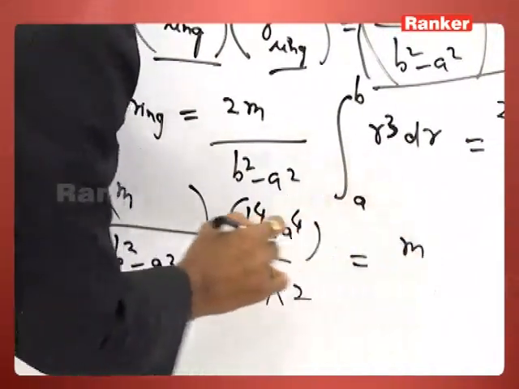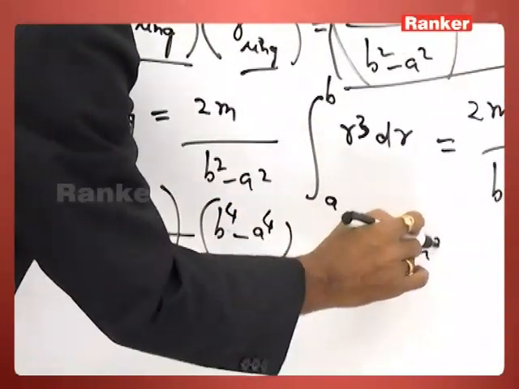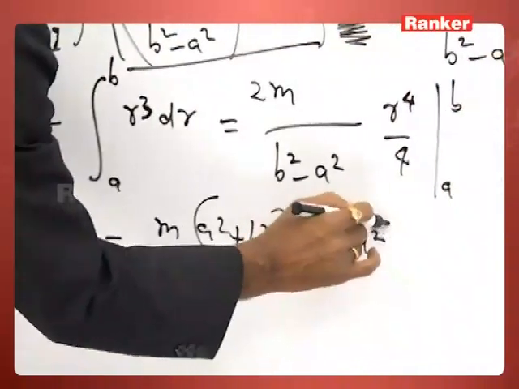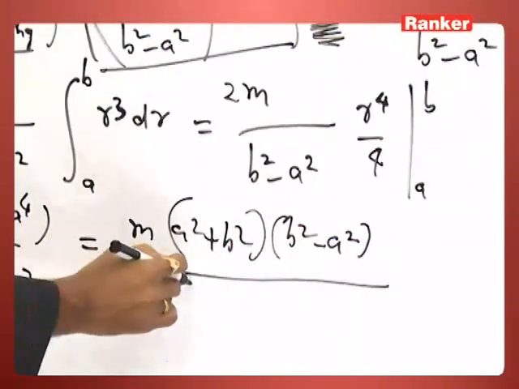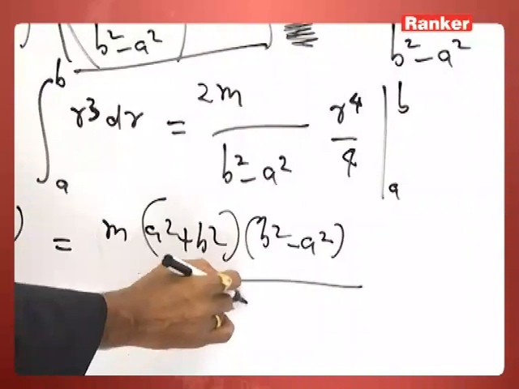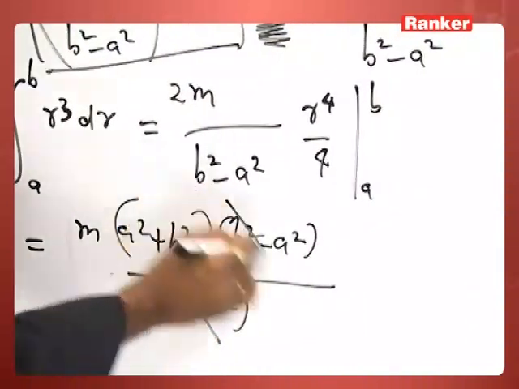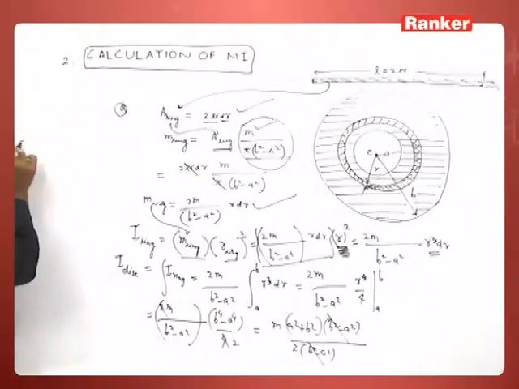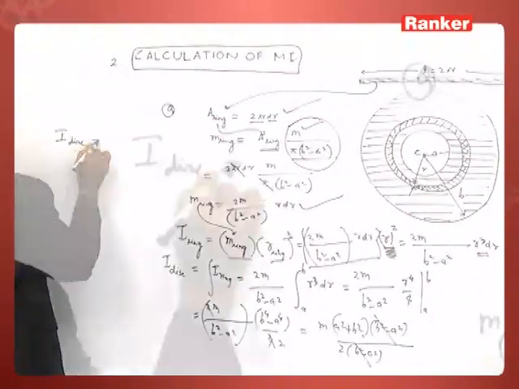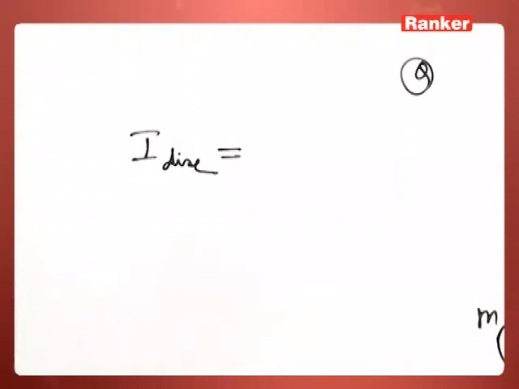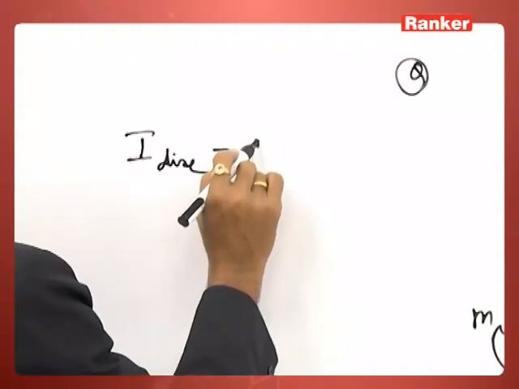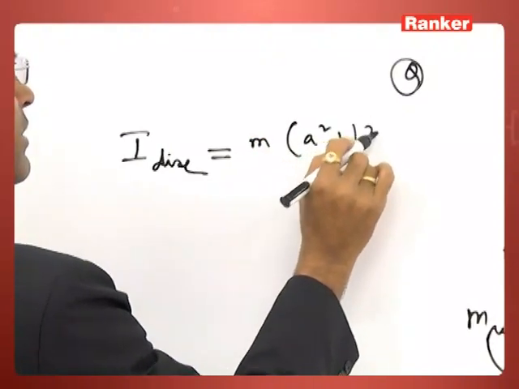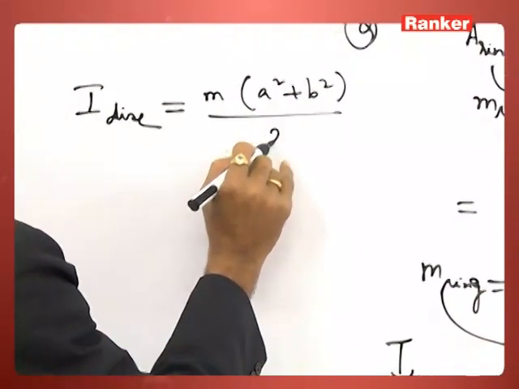So, m times b4 minus a4 can be written as a square plus b square into b square minus a square, by 2 into b square minus a square. So, you are cancelling this. Ultimately, you are getting the moment of inertia of this annular disk equal to m into a square plus b square by 2.